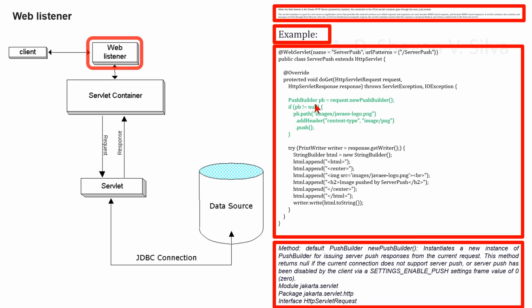Here the interface PushBuilder, a builder for a request to be pushed according to section 8.2 of RFC 7540. A promised request must be cacheable and safe without a request body.